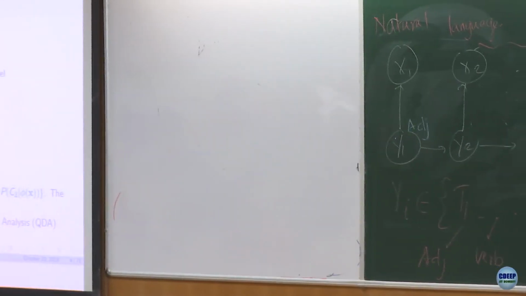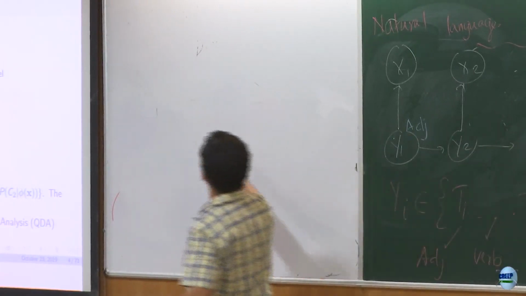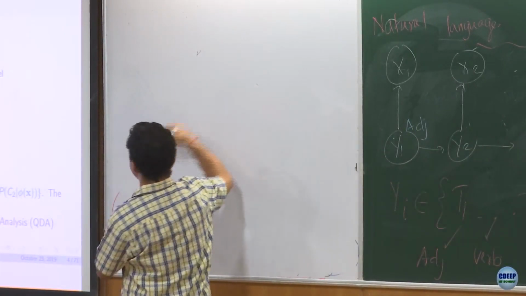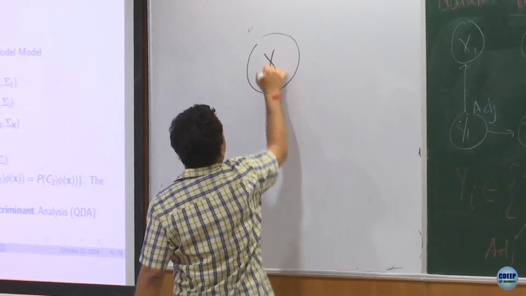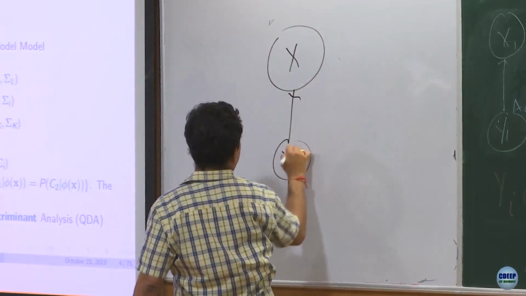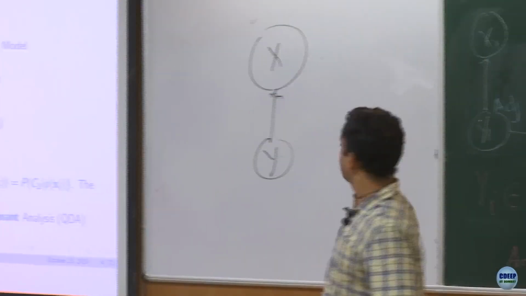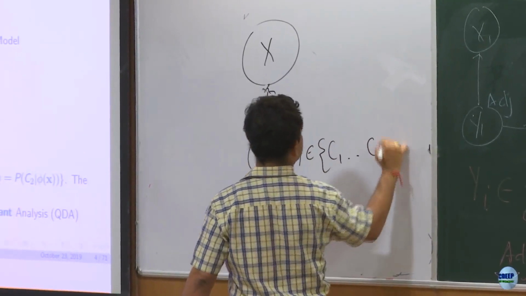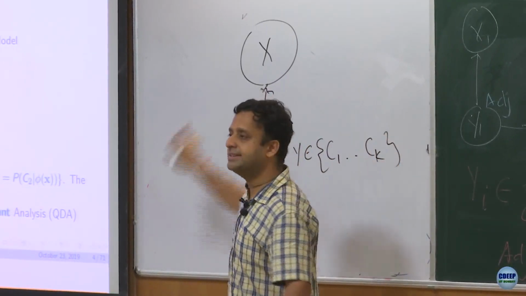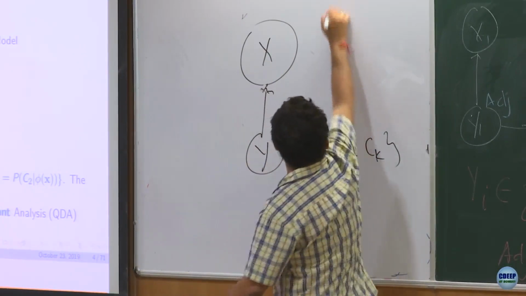And as shown on the board, what is this graphical model? You can contrast this with HMM. You have X and you have a Y. A very simple graphical model where this Y is one of K classes, X is some observation, this could be points in a two-dimensional space.